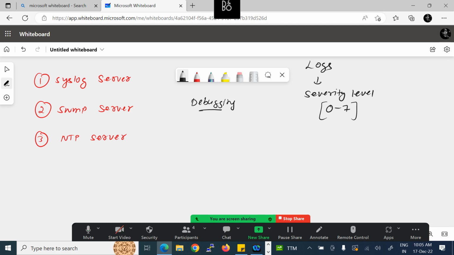So for a fully functional network, we have to make loads of configuration in the network.